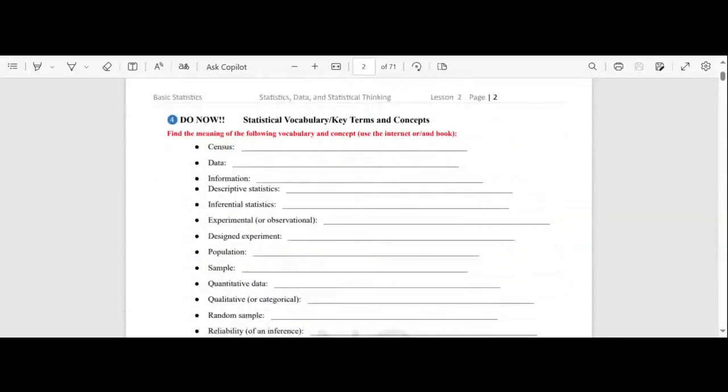As you know, I always put Do Now activities, and you have a list of words that you're going to be using for that lesson.